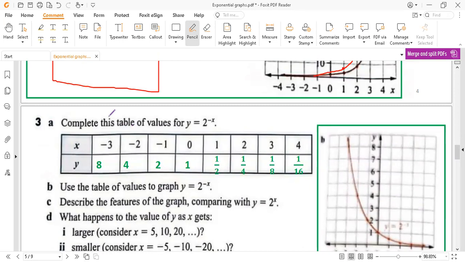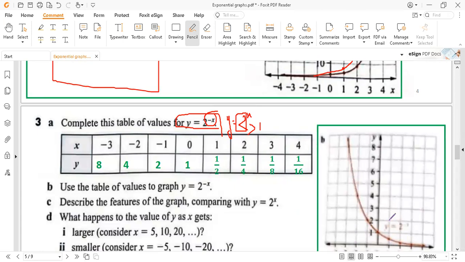Good. So if we take another form of the exponential function with the minus x, we want to know what the difference is between the graph of y equal to 2 power x and y equal to 2 power minus x. For y equal to 2 power x, because 2 is greater than 1, as I said before, it is an increasing function.